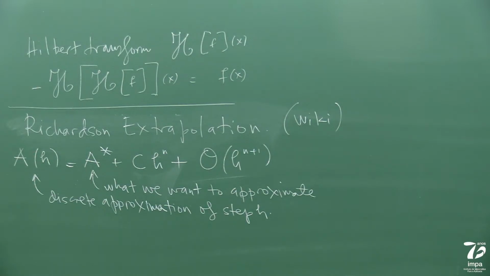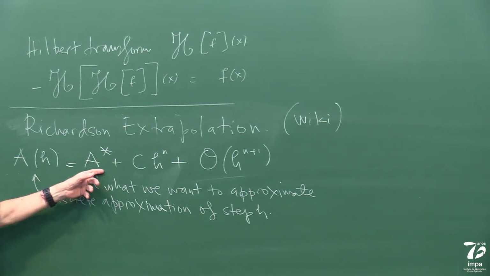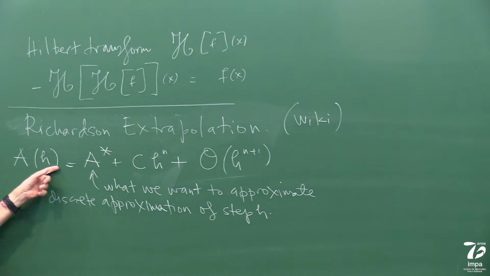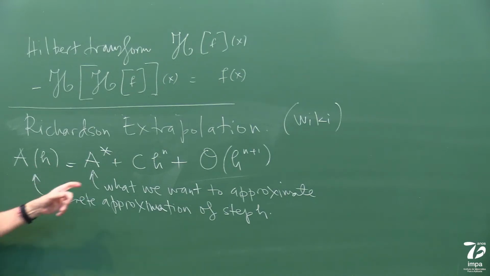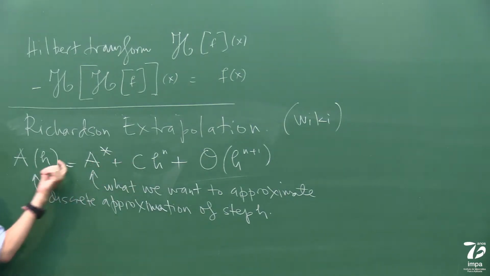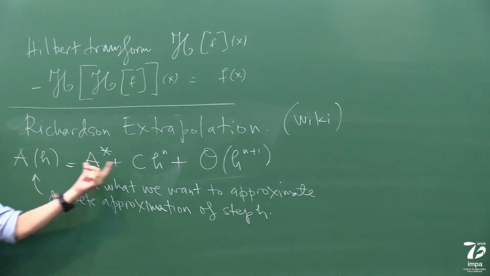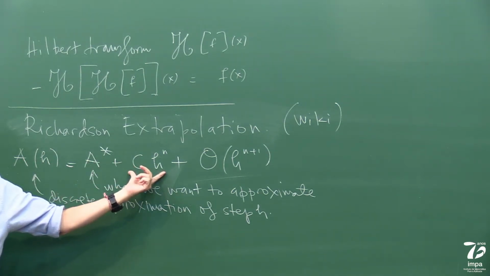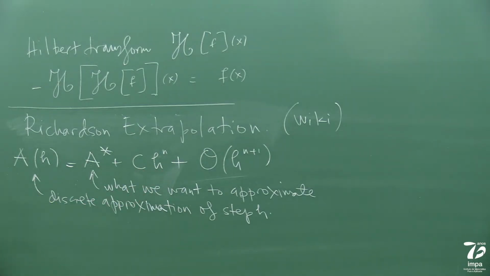When you approximate a derivative or whatever, this is the exact value, the one we want to approximate, and this is the approximation, right? So with this method, you will get order H^n approximation. Okay, so think of it this way. Now, define a new function, and this is the Richardson approximation.